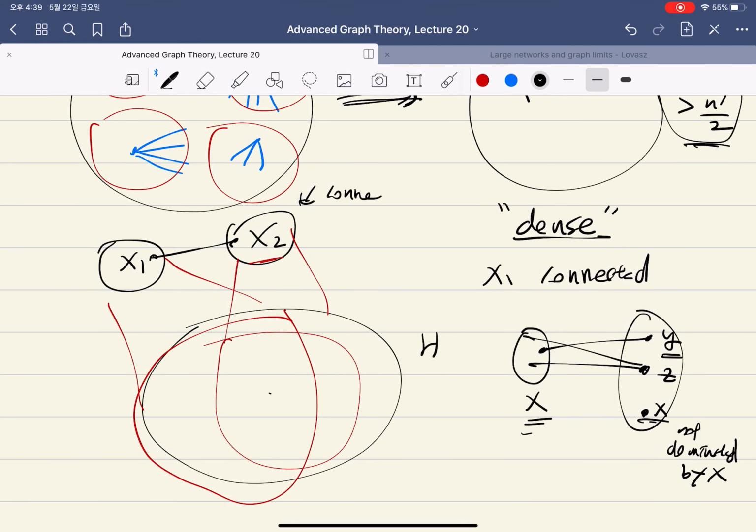Again, now we want to take X3, which is connected and has edges to X1 and X2. These edges can be found because X1 and X2 are dominating lots of vertices. We again take this X3 out, and it dominates a lot. We want to keep repeating. So that's vaguely how we want to do it.